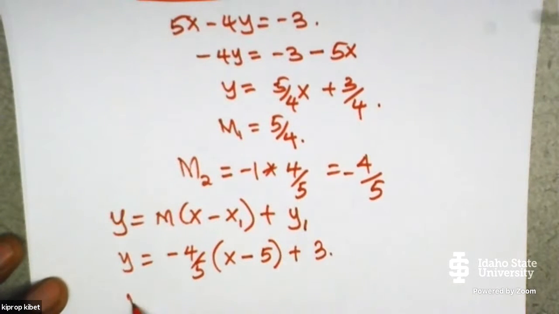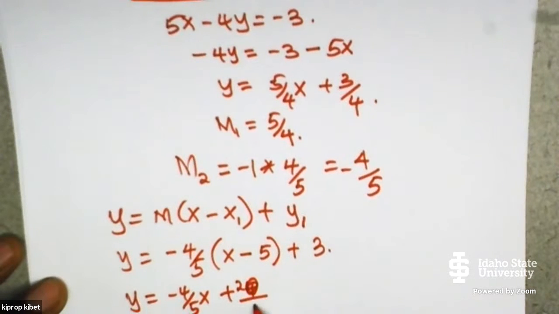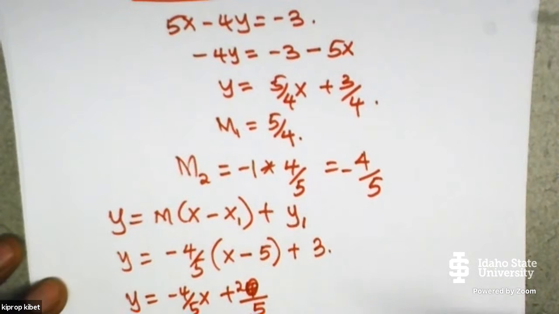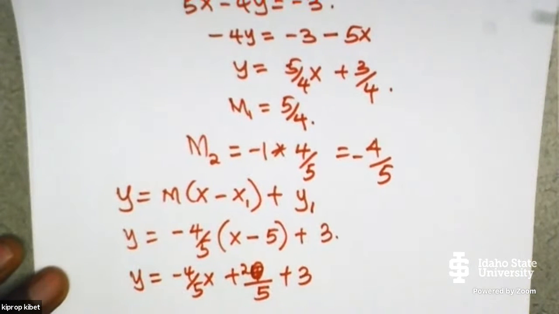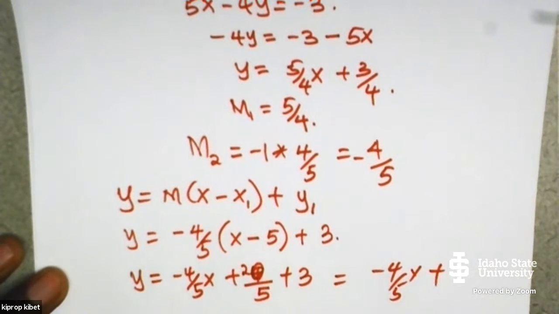When you open the brackets, y equals -4/5x plus 20 over 5, plus 3. And this can be -4 over 5x plus 7. Any question up to there?